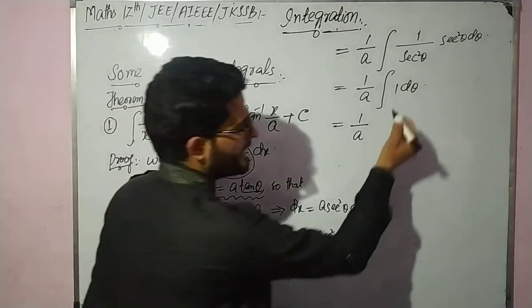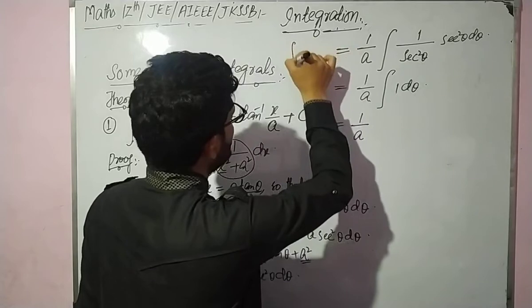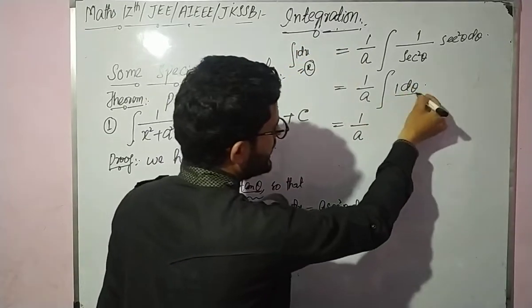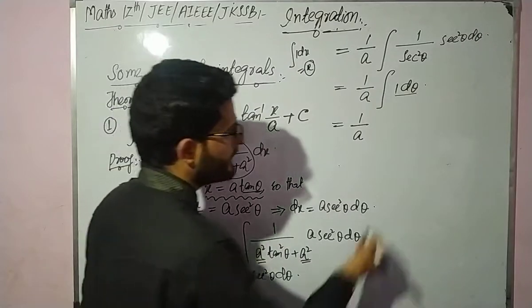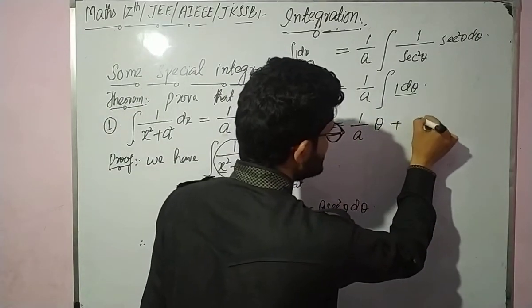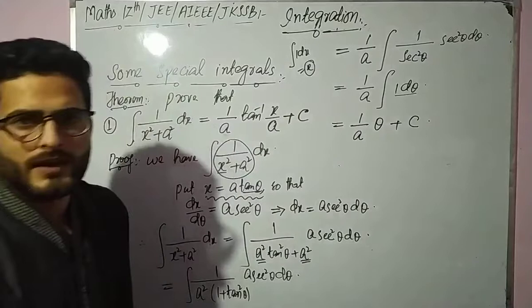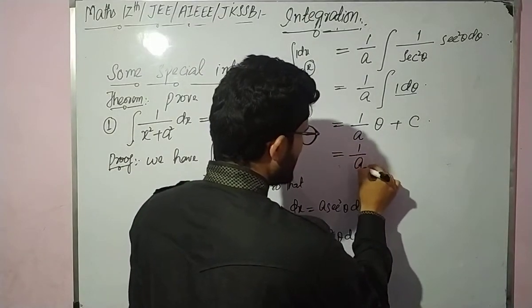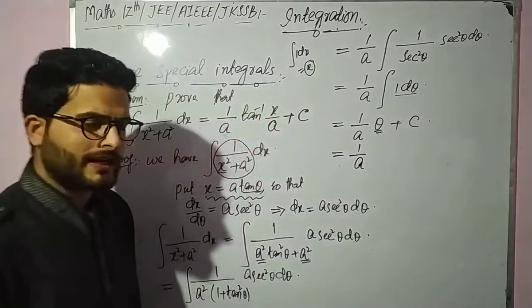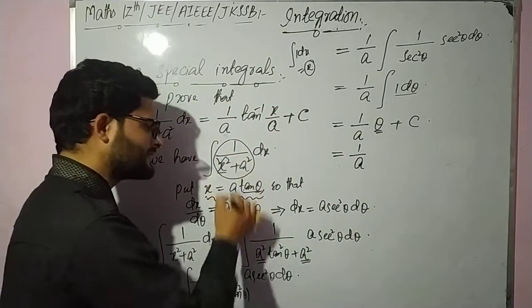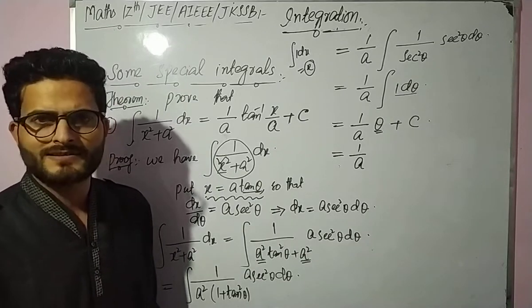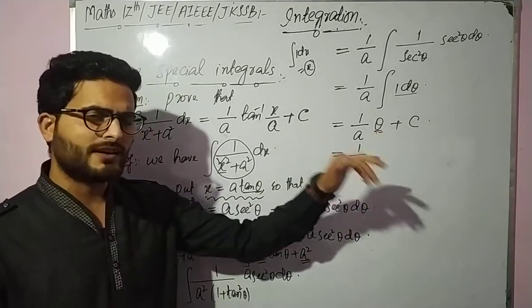So 1 divided by a, the integration of 1 dx is obviously equal to x, so the integration of 1 d theta is obviously equal to theta plus c, the constant of integration, and that is further equal to 1 divided by a. Now we have to locate the value of this theta, because the original integral is in the variable x, and the variable of integration is x, right? So we have to change this theta into x.